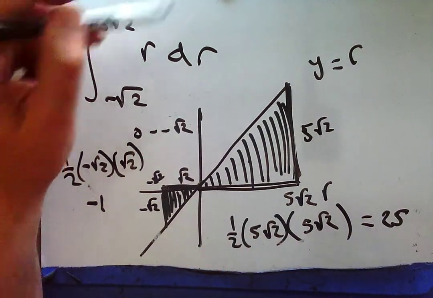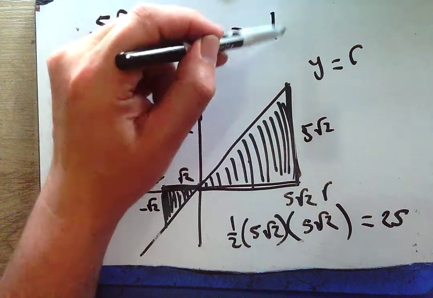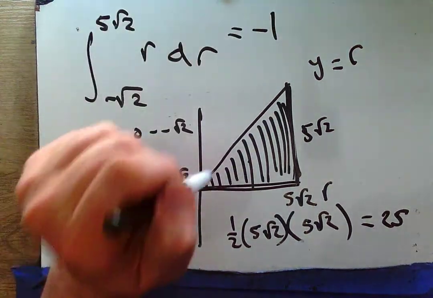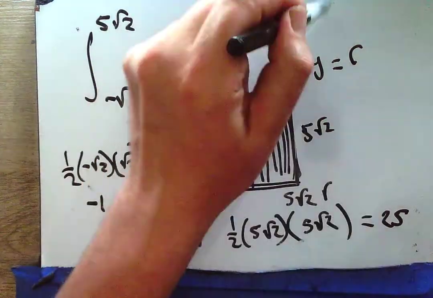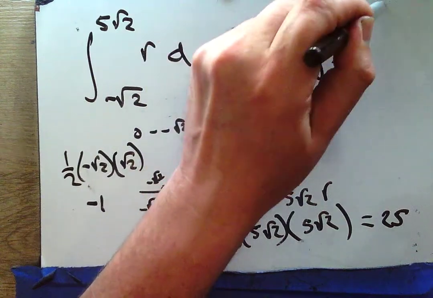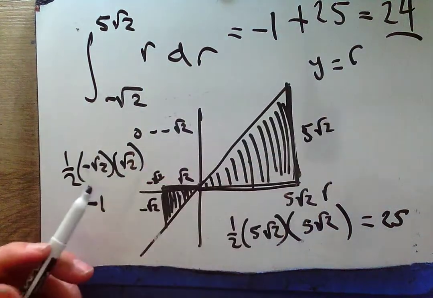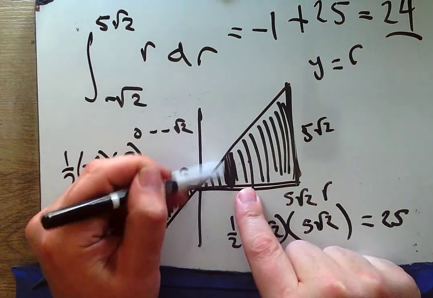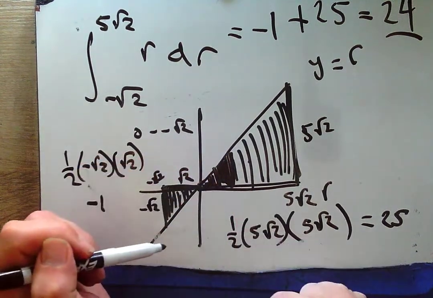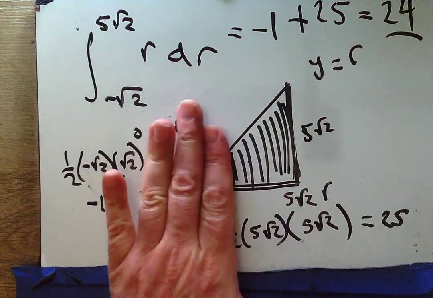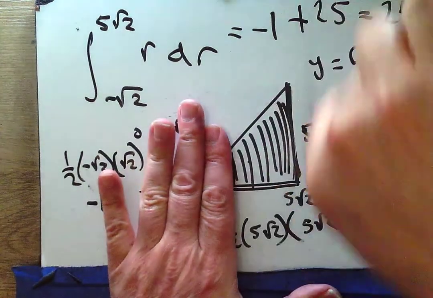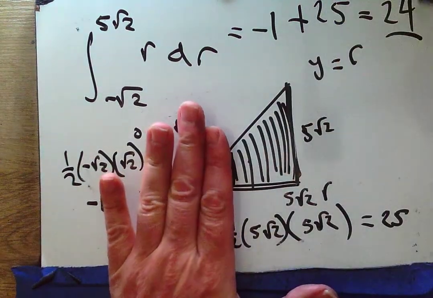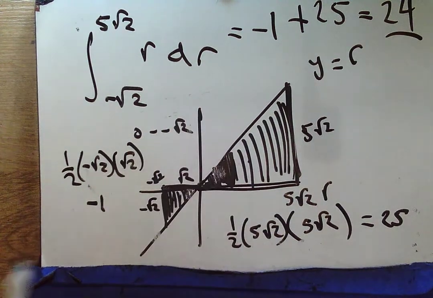Now remember, the value of this integral is that plus that. And so we end up with 24. This matches over here, so they undo each other, and that means the area of this trapezoid is going to be 24. Okay, well, there you go.